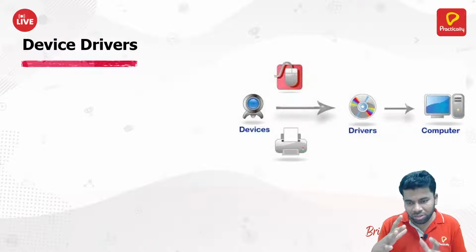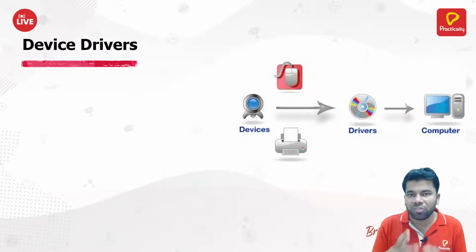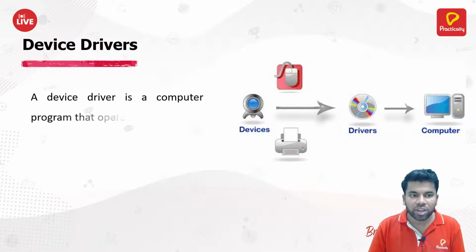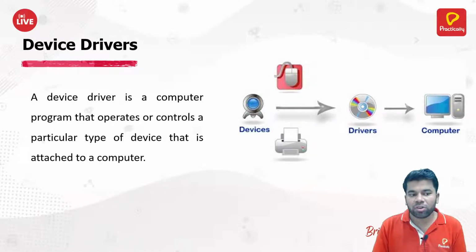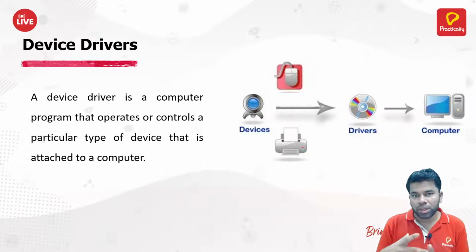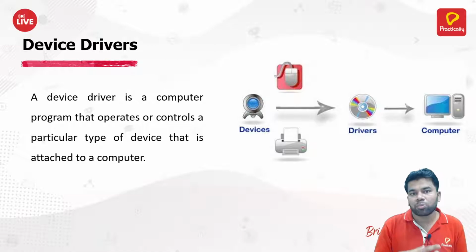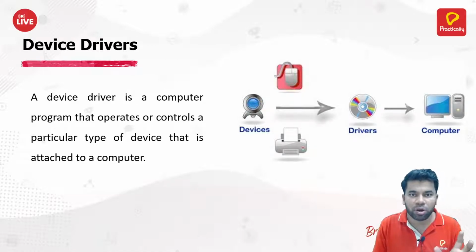The same thing applies for each and every hardware device that we connect with the operating system. Each hardware device comes with device drivers, and these device drivers will control that device and coordinate with the operating system to perform the operations. Device drivers are also one type of software.